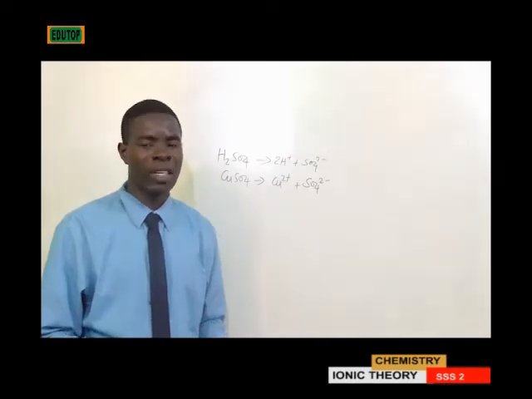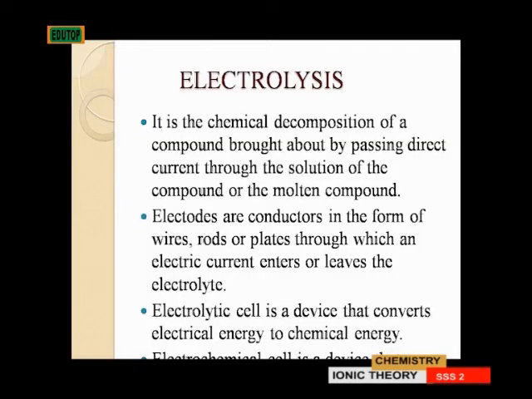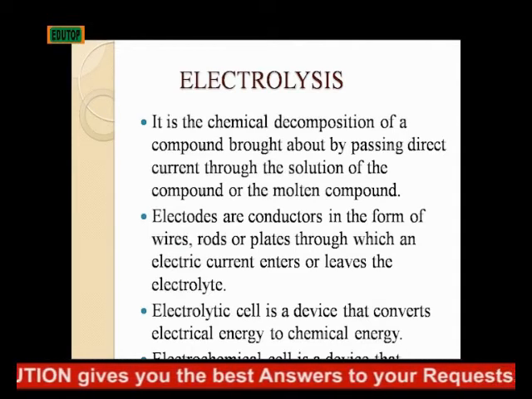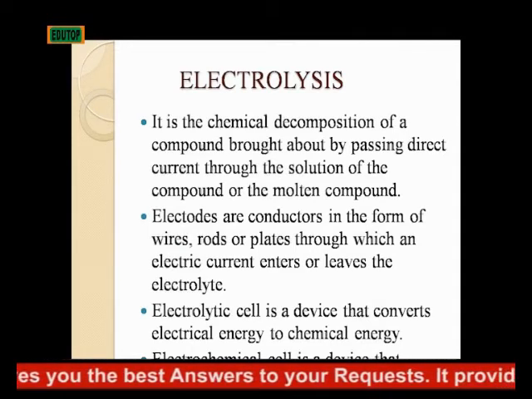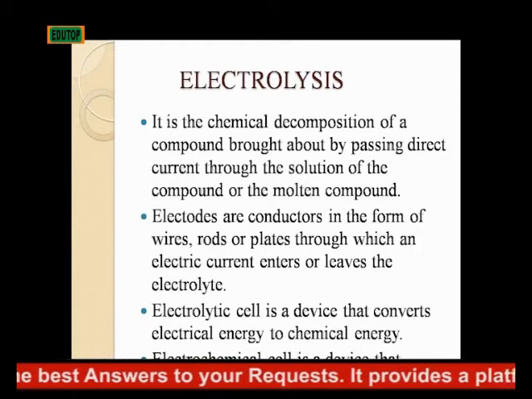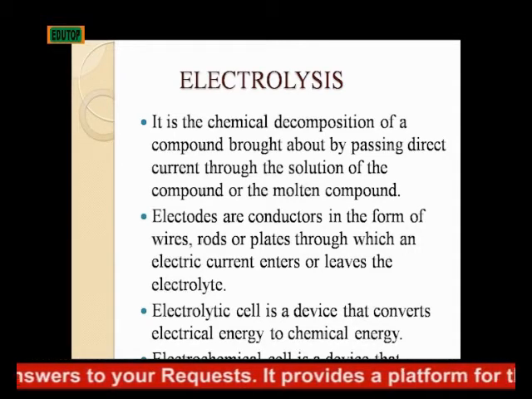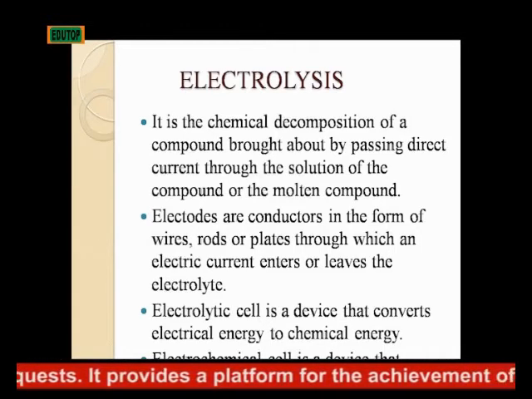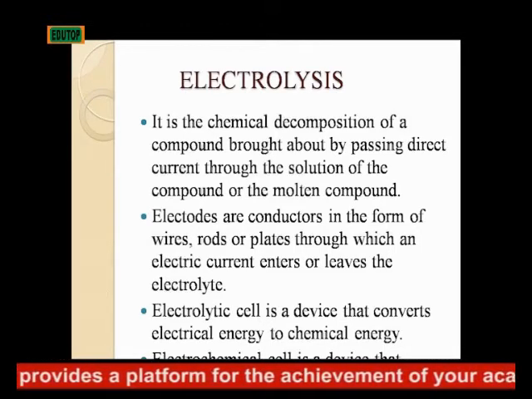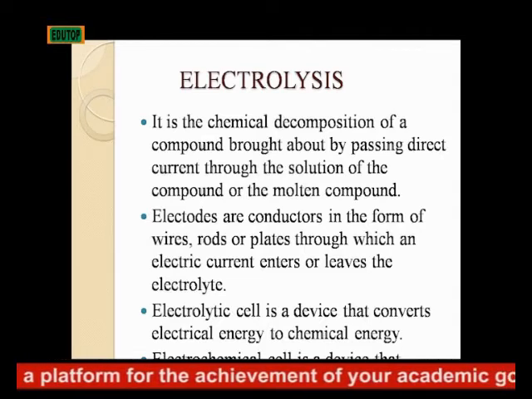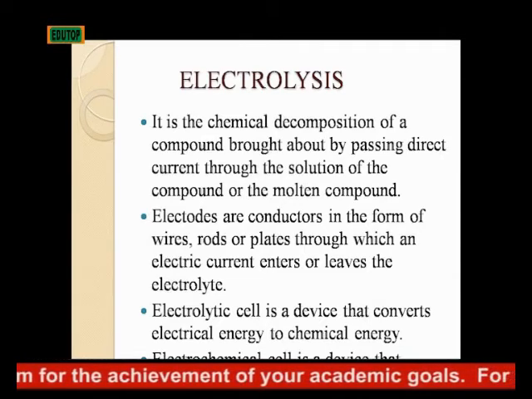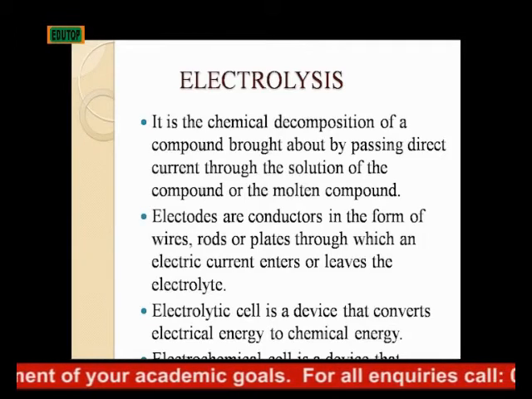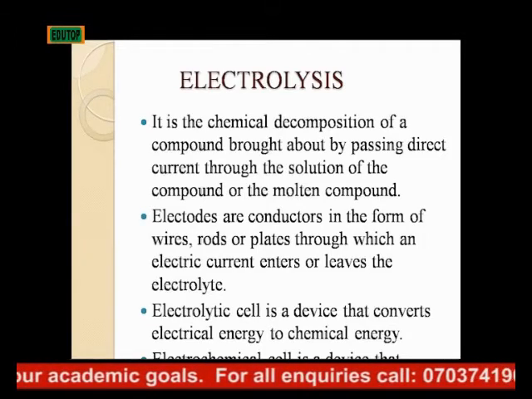Electrolysis. What is electrolysis? Electrolysis is a chemical decomposition of a compound brought about by passing direct current through the solution of the compound or the molten compound. Electrodes. What are electrodes? Electrodes are conductors in the form of wires, rods or plates through which an electric current enters or leaves the electrolyte.